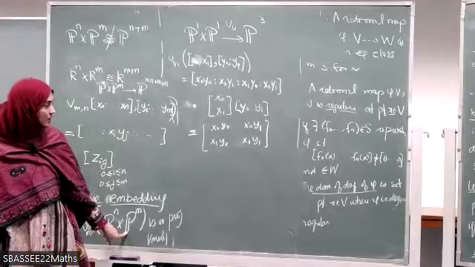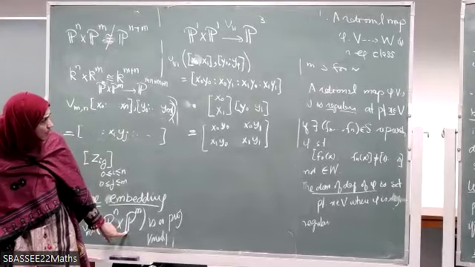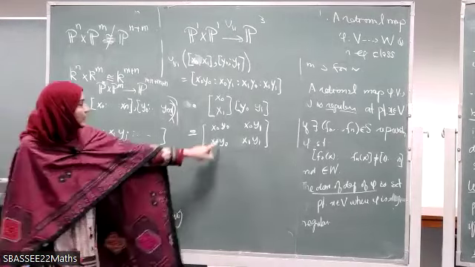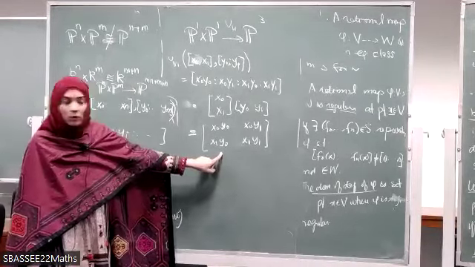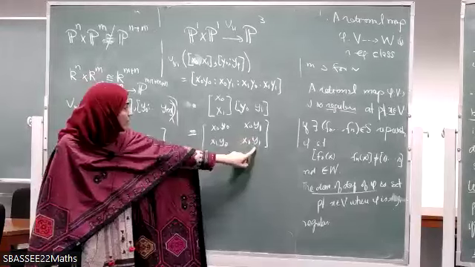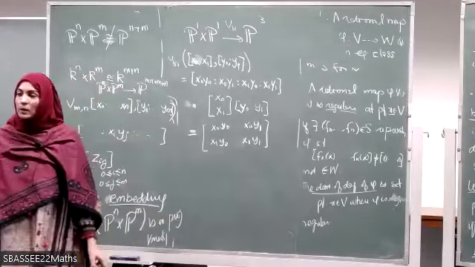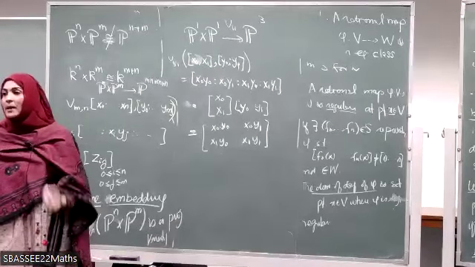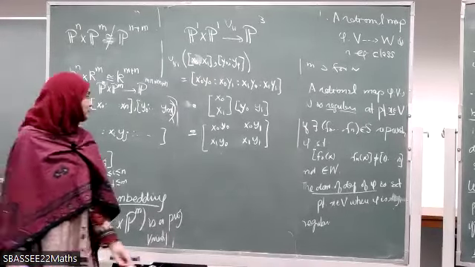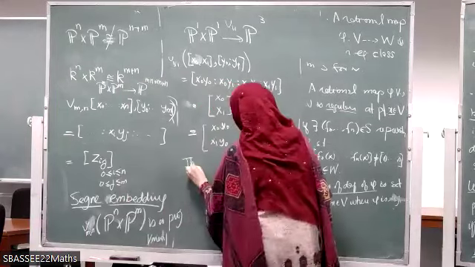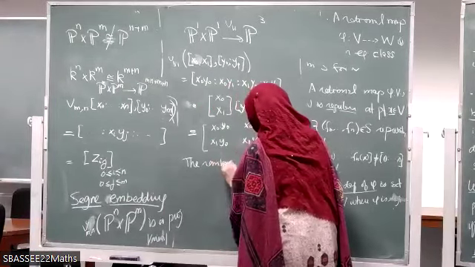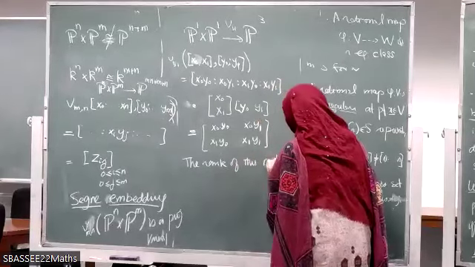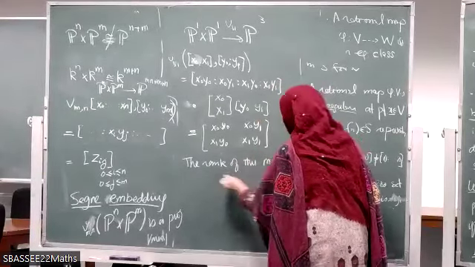What is the rank of this matrix? I think it's very easy to check that. What is the rank of this one? It's not difficult. You can take y0 common here, and y1 here, and you can see that both rows are equal. Because there is no zero row at all, definitely its rank is 1. So the rank of this matrix is 1.